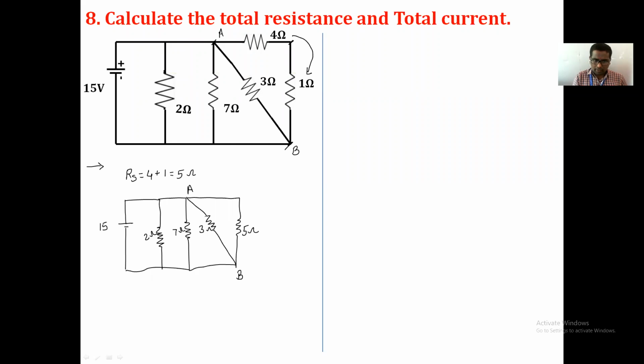Okay. Can I draw the same circuit diagram like this? Just check it. Can I draw like that?